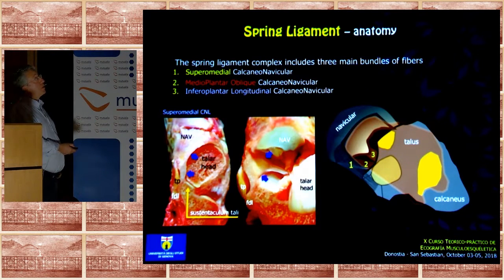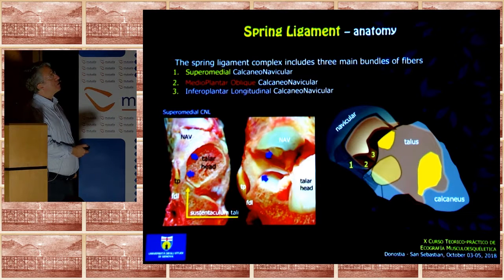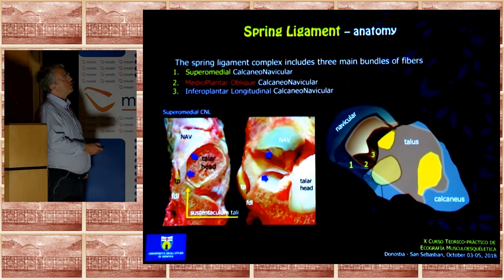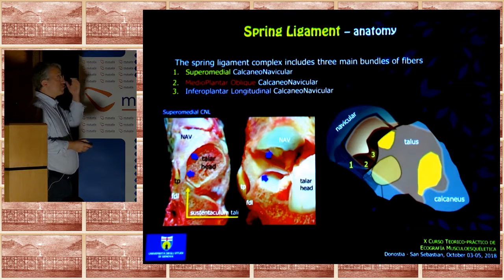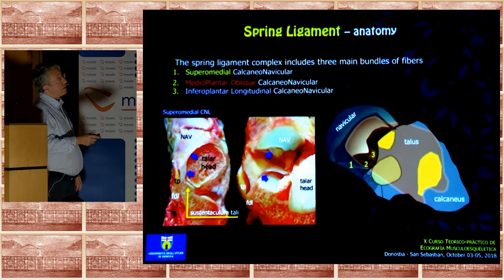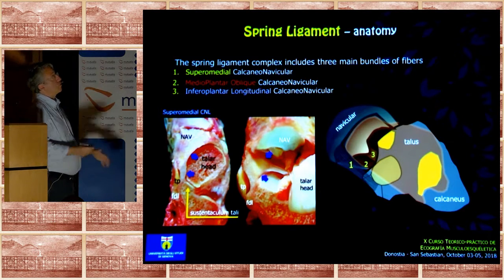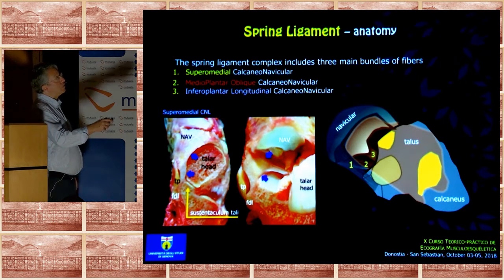Don't forget the spring. The spring is a very complex structure forming the medial wall for the talar head. So it completes the socket because the joint surfaces represented by the talar head and the navicular, this is the articular surface of the navicular, the navicular is smaller compared to the talar head, and so the socket to contain the talar head needed to be completed by the spring.